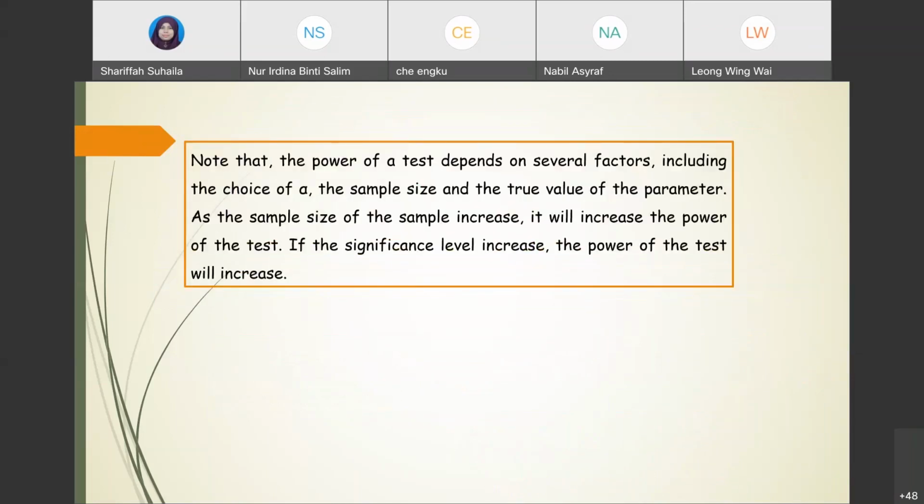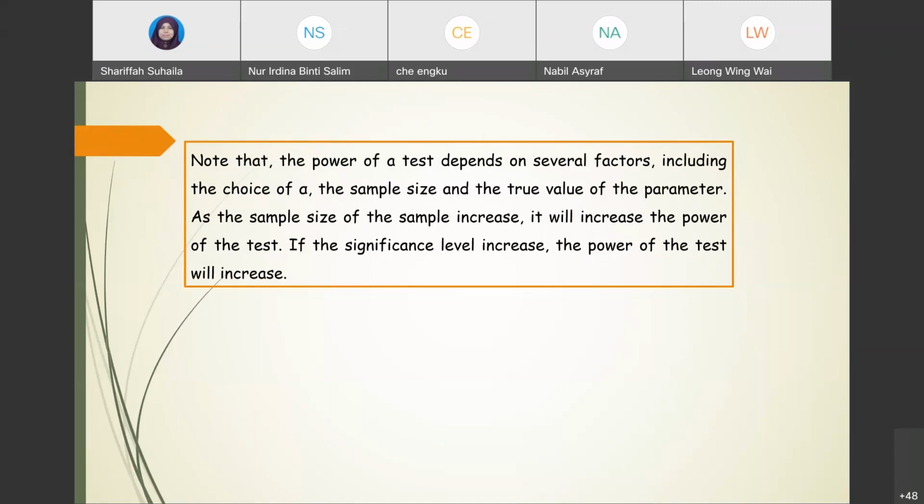Okay. So again here, kalau ini kita ada benda yang sama juga. Okay, ini power of the test. So power of the test depends on several factors, including the choice of alpha, the sample size and also the true value of the parameter. So one more thing that you need to know, as your sample size increases, it will increase the power of the test.